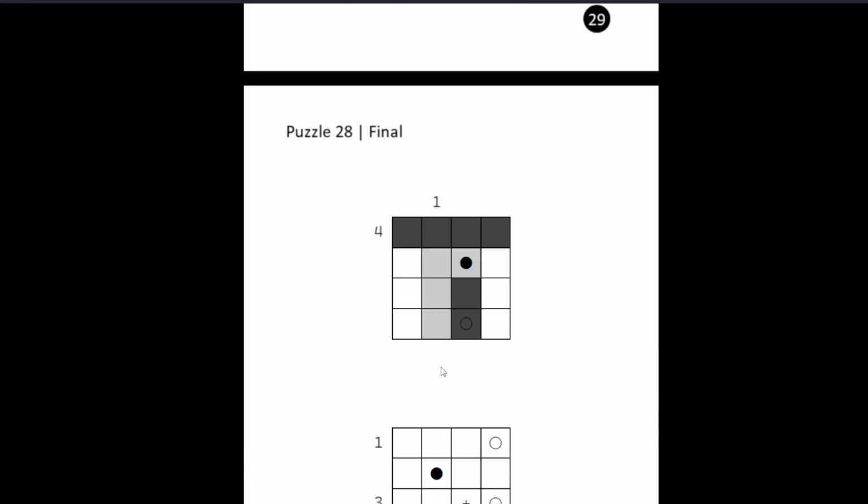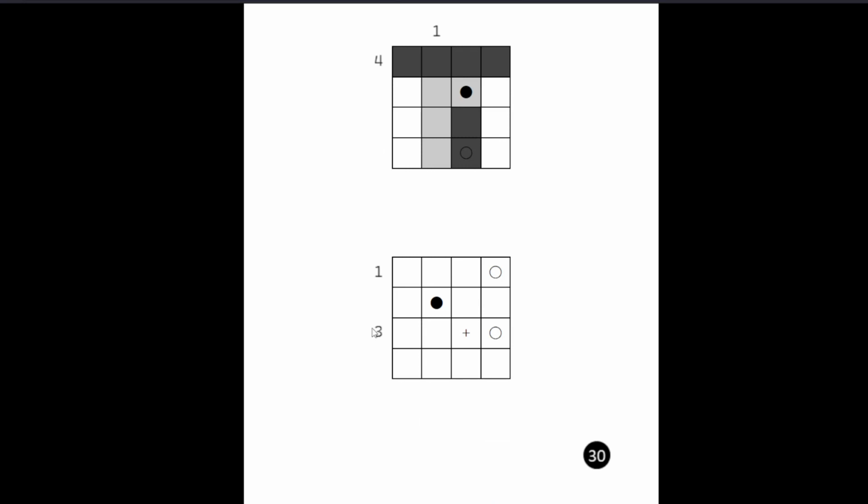No 2x2s. We have this. If we're applying mirror symmetry, we get that. Hmm.